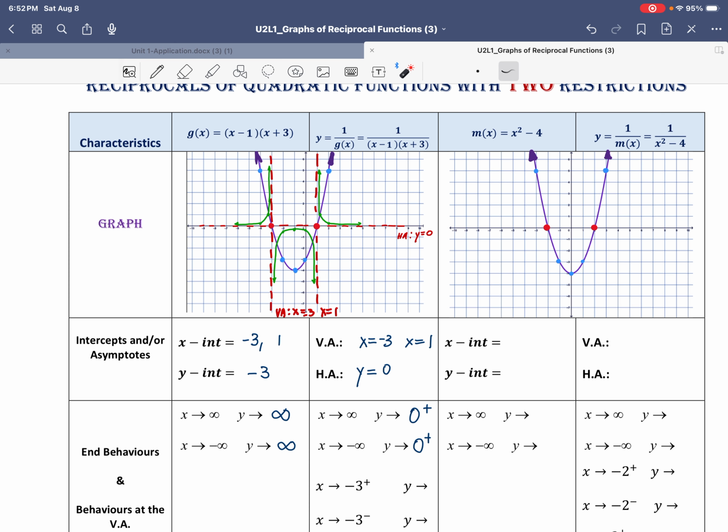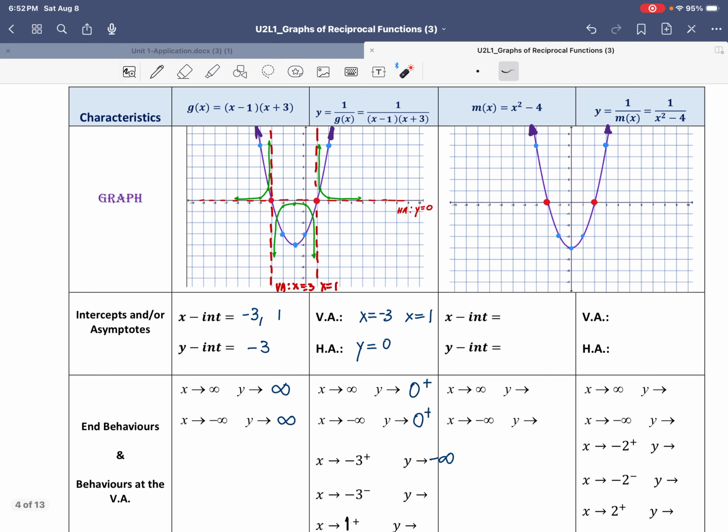When x approaches -3 from the right-hand side, remember that the graph of the function will be right here. So that means that the values of y are going down to -infinity. And as x approaches -3 from the left-hand side, the y values, as you can see, are approaching infinity.